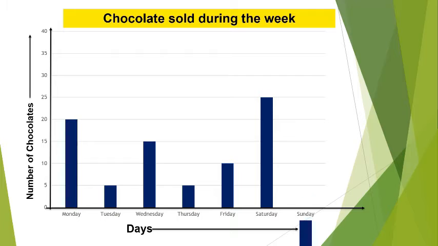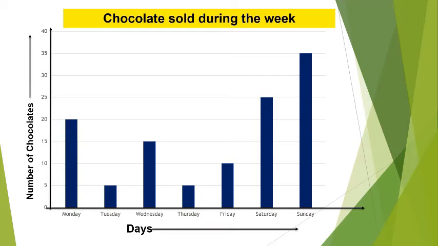Now the different bars are drawn for different days. Now, we will see if a line is drawn from the bar on Monday to the scale, it goes to the number 20. So, 20 chocolates are sold on Monday. In the same way, if we extend the line from Tuesday, then it is touching the number 5. So, 5 chocolates are sold on Tuesday.